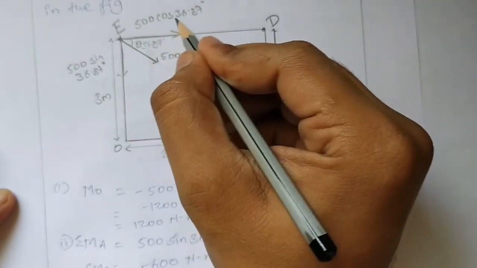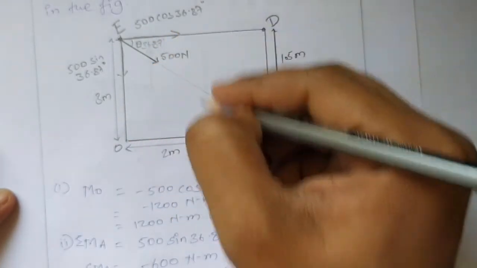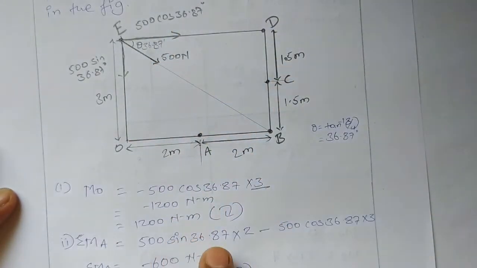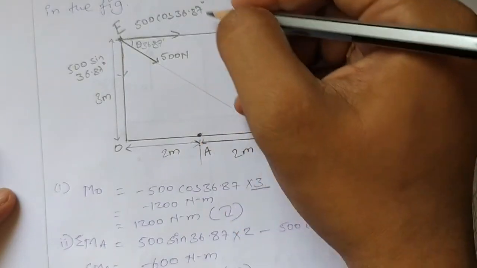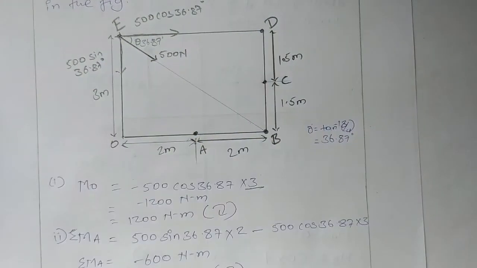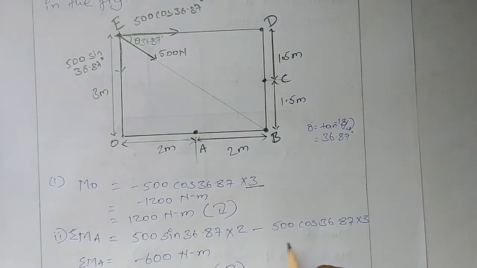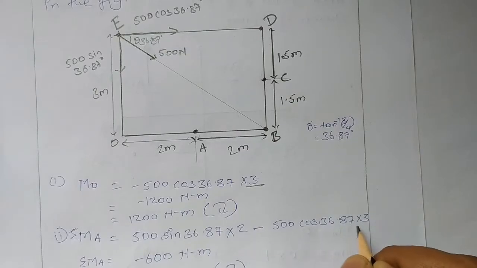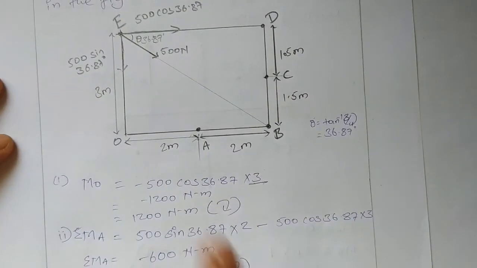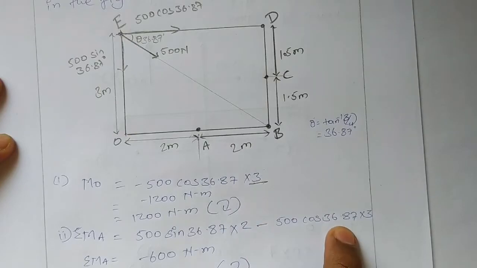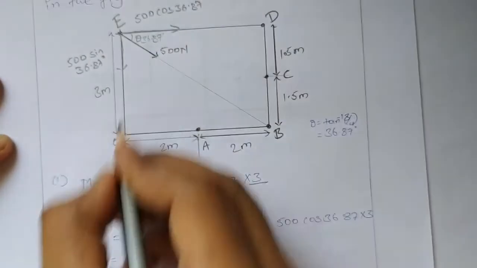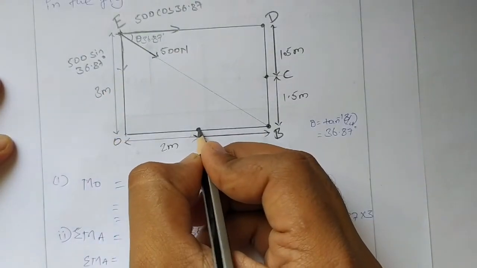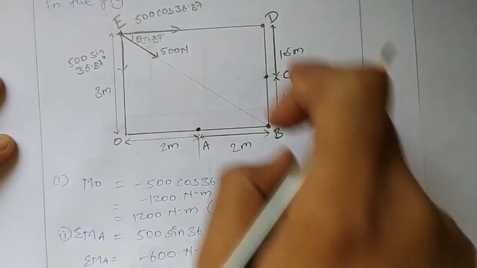So 500 cos 36.87 into 3, and it is clockwise. So minus 500 cos 36.87 into 3, because a clockwise moment is considered to be minus. And one more, this force is also creating a moment about point A in the anti-clockwise direction.